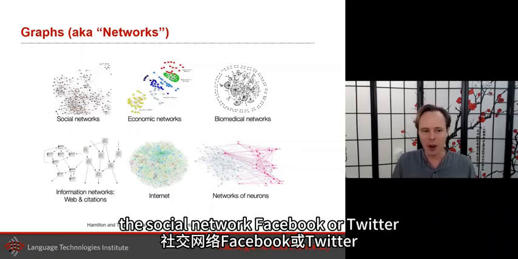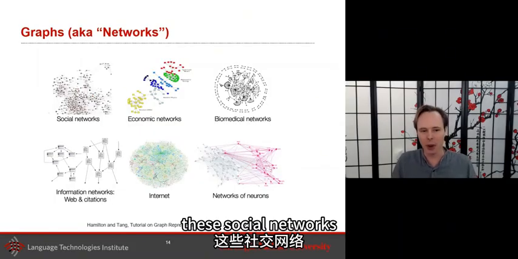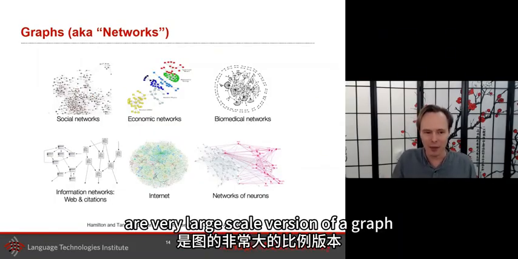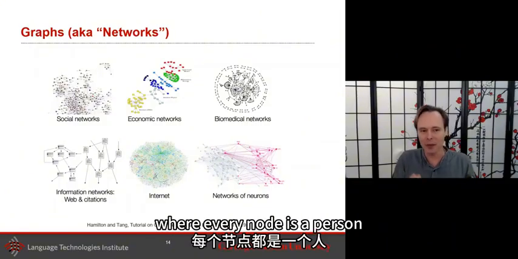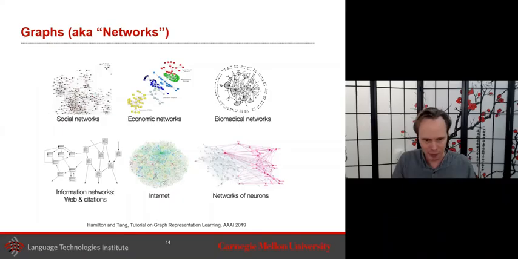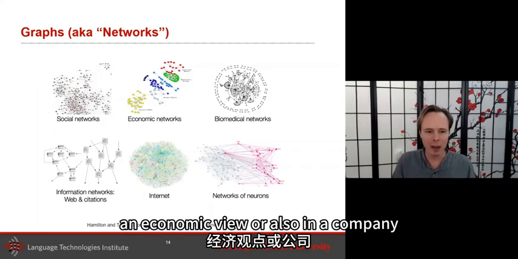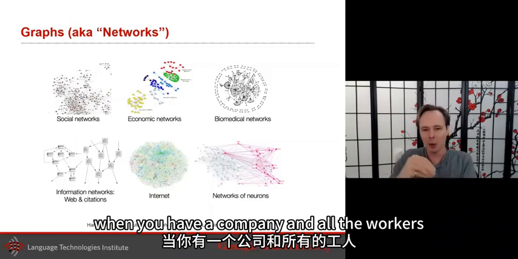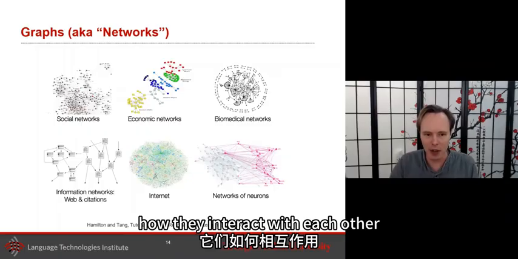Social networks like Facebook or Twitter are very large-scale versions of a graph where every node is a person. You also have an economic view, for example in a company, with all the workers and how they interact with each other.